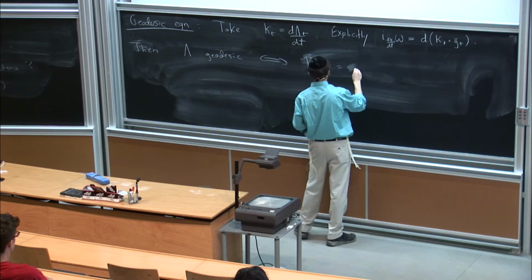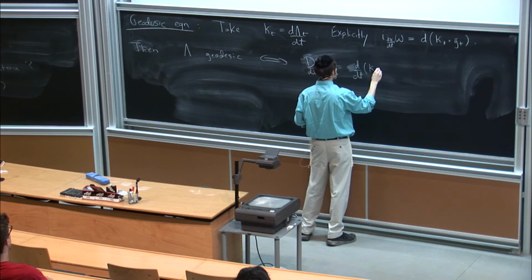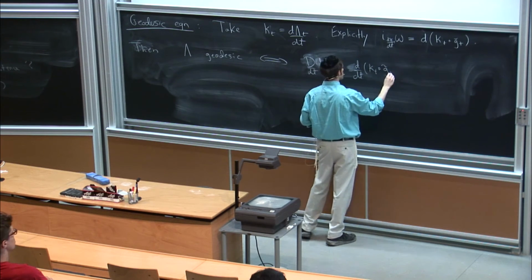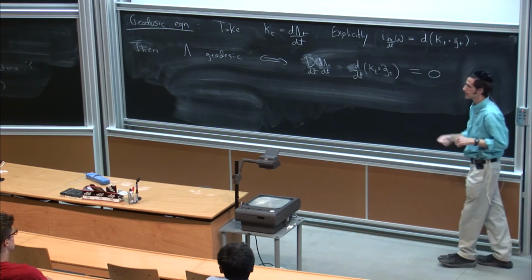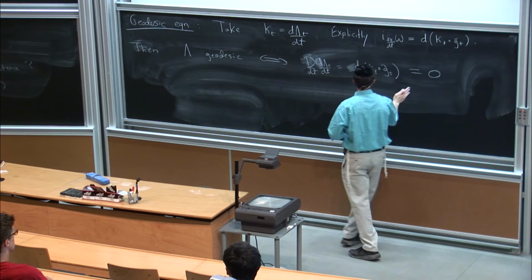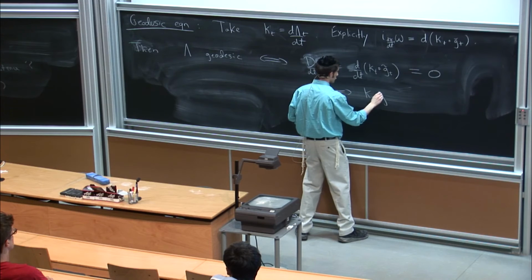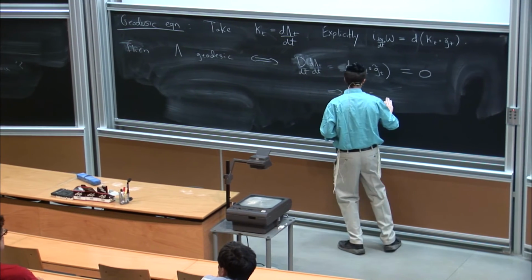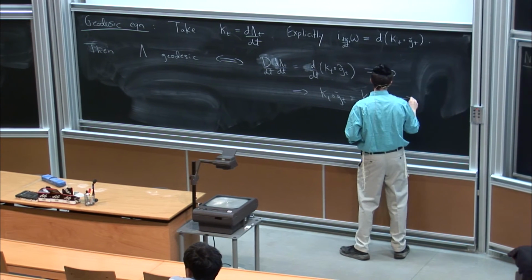That's the same thing as saying that d/dt of k_t composed with this is 0. So that just means that k_t composed with g tilde_t is constant in time. So it's a constant function from L to R.